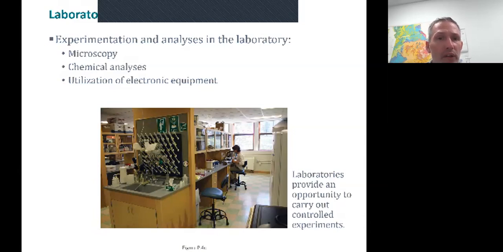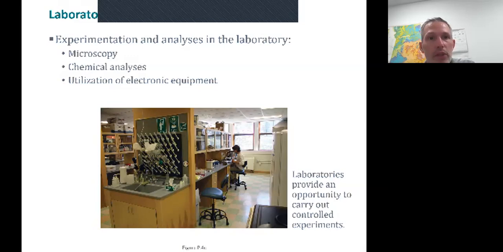We can also do chemical analysis. We can use X-ray diffraction to look at the atomic shape of the crystals of the minerals, and atomic absorption to determine what elements we're dealing with. There are all kinds of different analyses we can do in a lab.